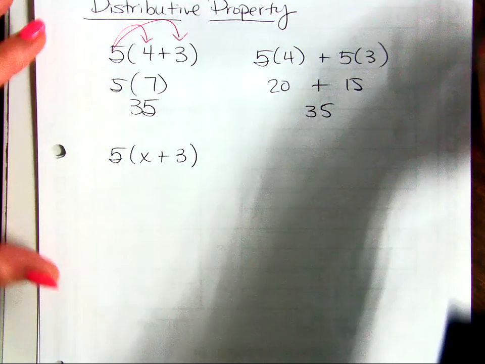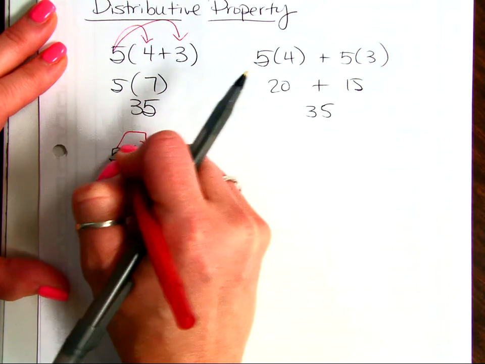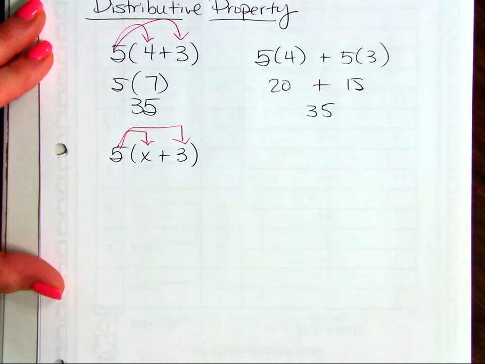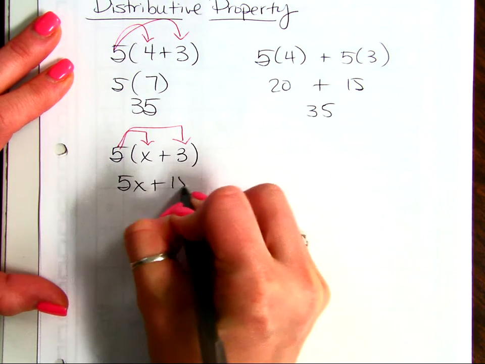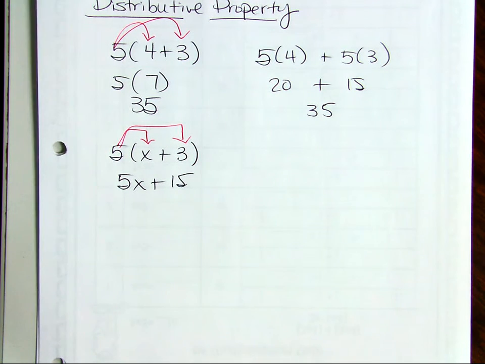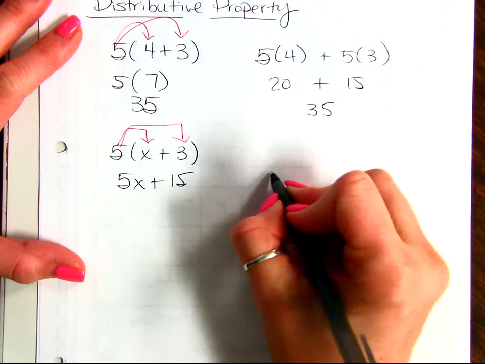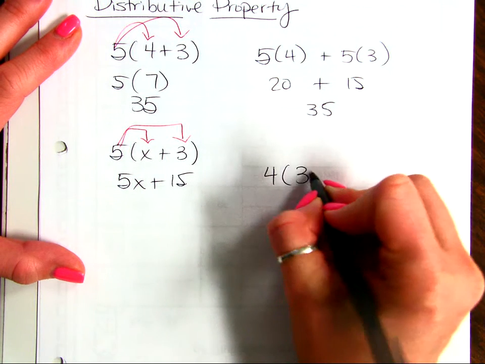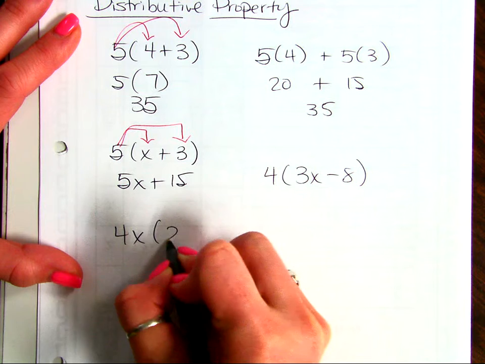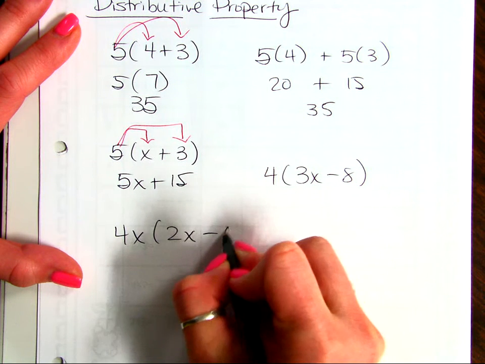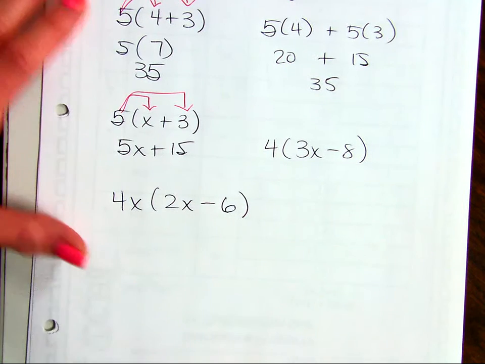So I'm going to distribute the 5 times the x and the 5 times the 3. And just do them separately like that. So 5x plus 15. You need me? Okay. Try this one. 4 times 3x minus 8. And then 4x times 2x minus 6. Careful on that second one right there.